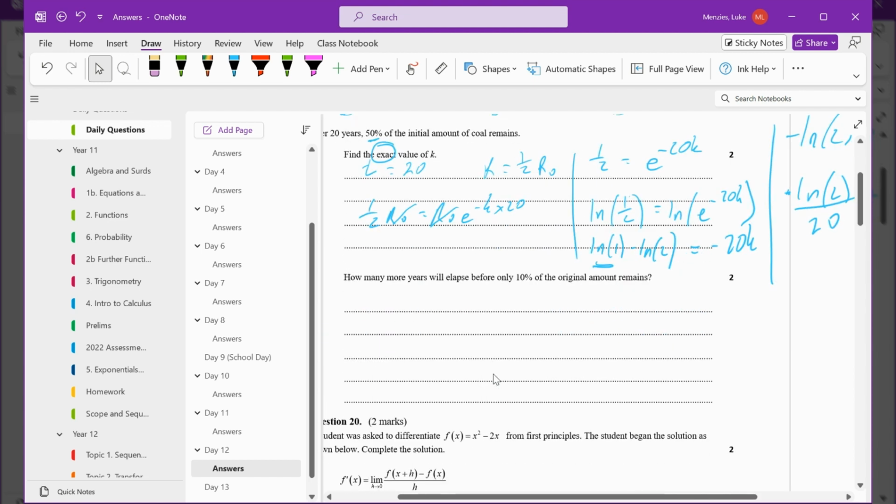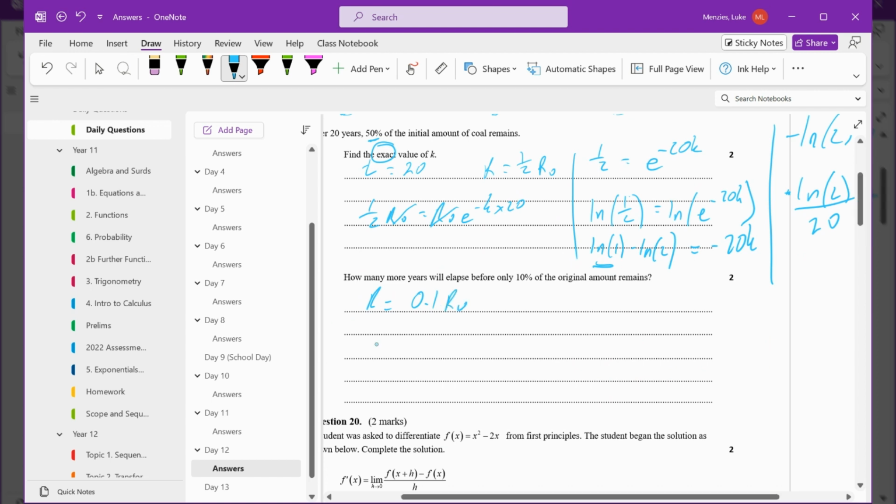It says, how many more years will elapse before only 10% of the original amount remains? Again, we're going to go back to the formula and use what we know about the R0. This is almost like a rinse and repeat this time, except we're going to say R is equal to 0.1 R0, being 10% of the original.